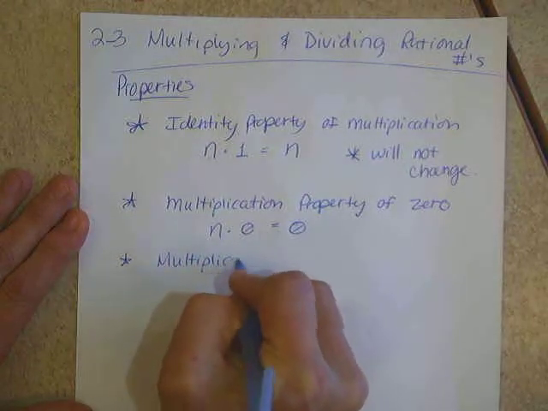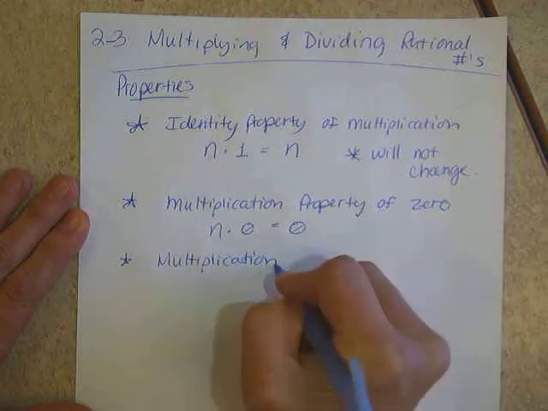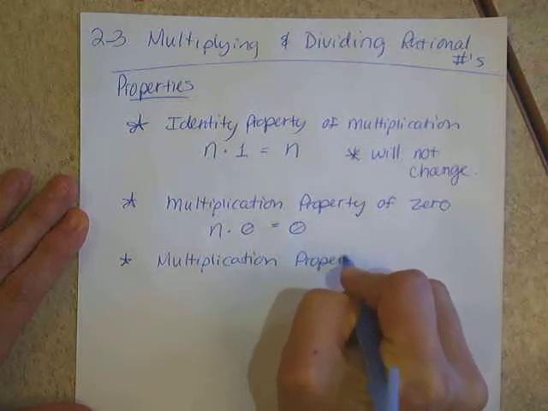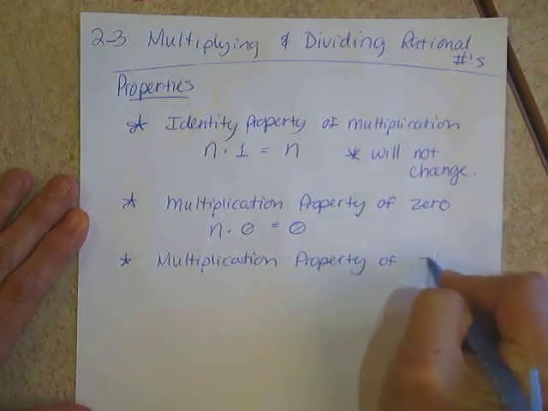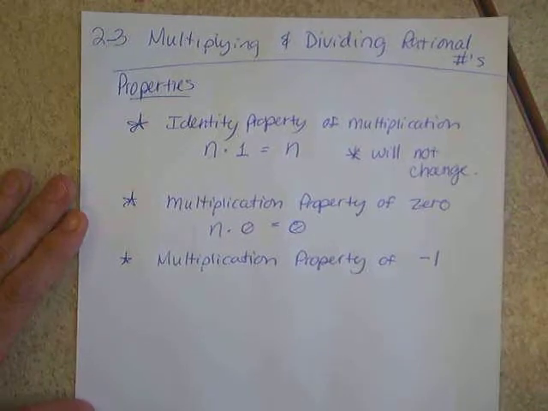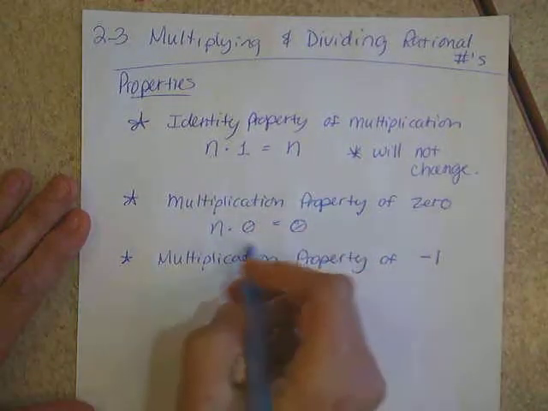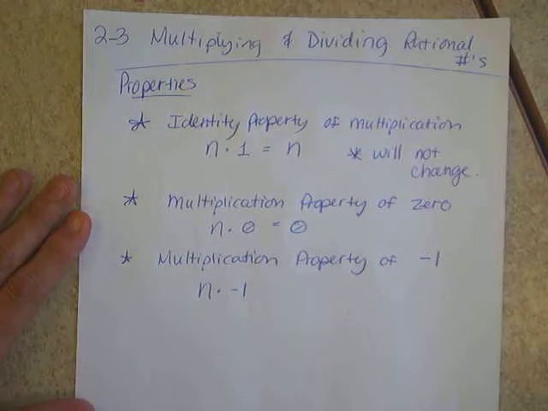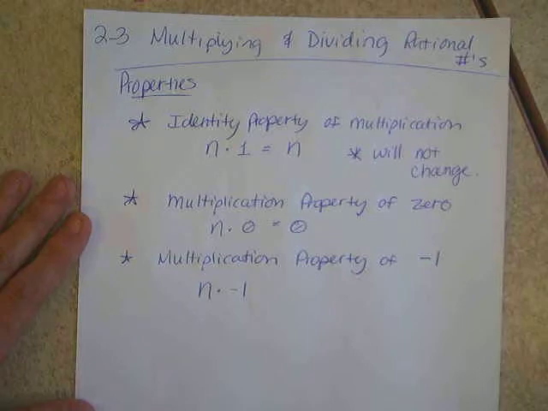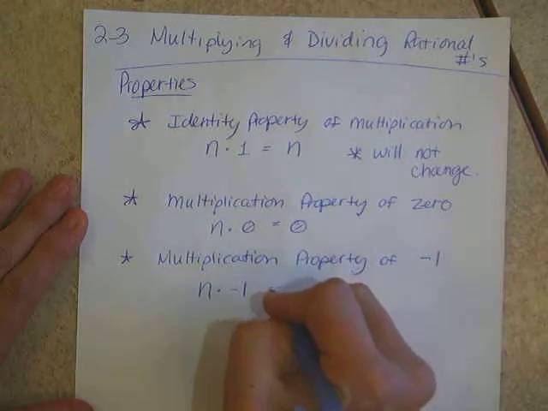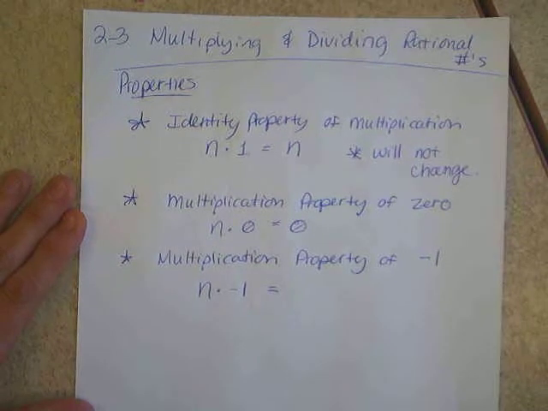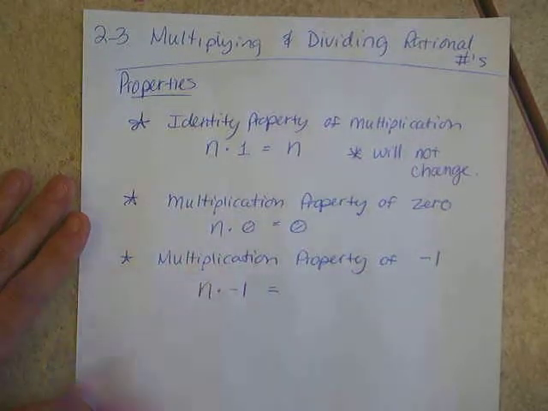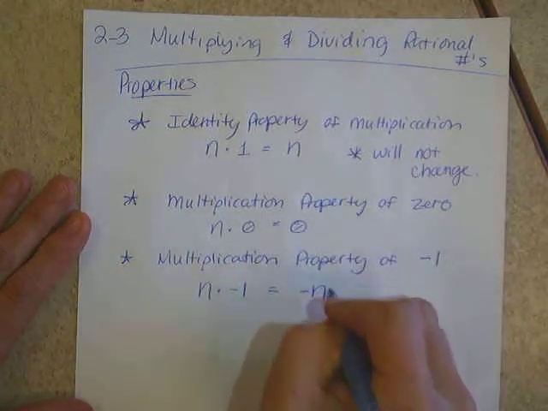Okay, and the third property is the multiplication property of -1. Which tells us multiplying any real number by -1 gives us the opposite of that number.